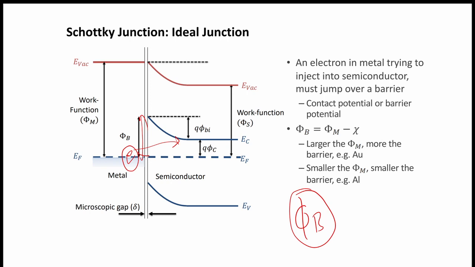When we apply the voltage, this much barrier will be there and it will prevent the flow of current, because the electrons cannot go from this to this. When we give q phi b this much energy to the electron, by applying voltage V, then the electrons will transfer from the metal to the semiconductor.